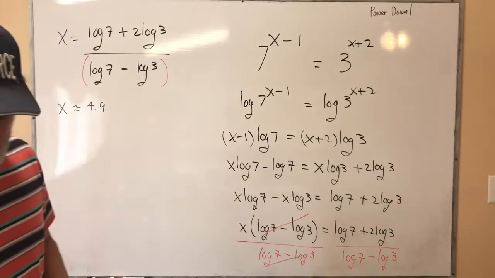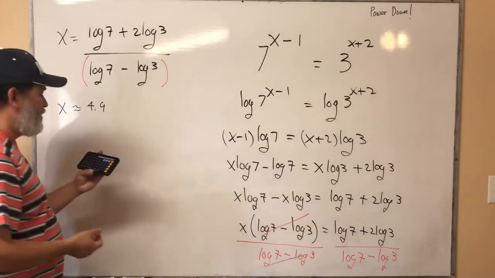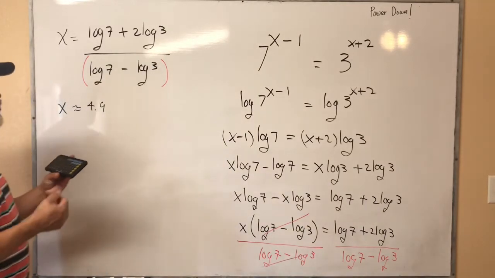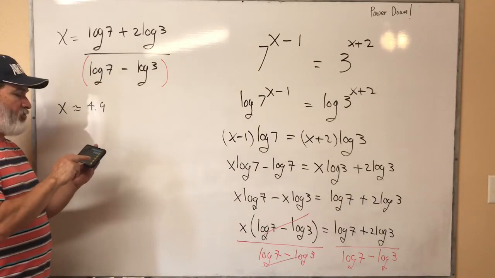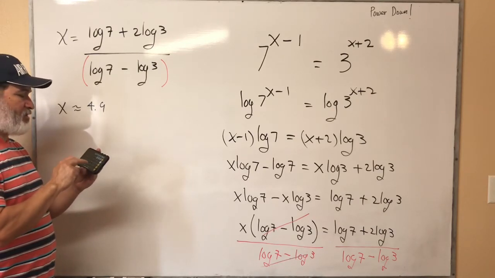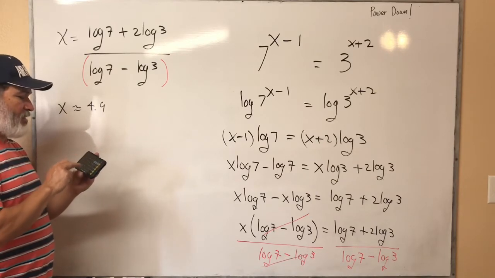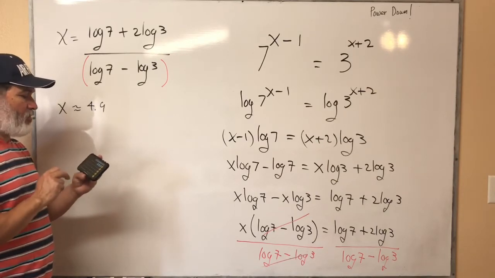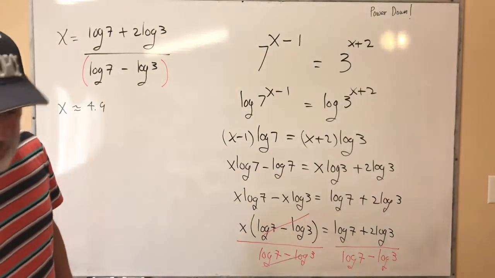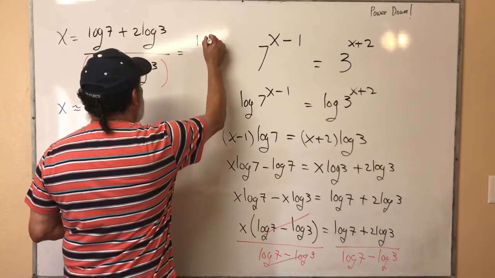To check, because my phone calculator is not a good one, you can do this, look. 3 the log times 2 plus 7 the log equal 1.9. The top is 1.8.